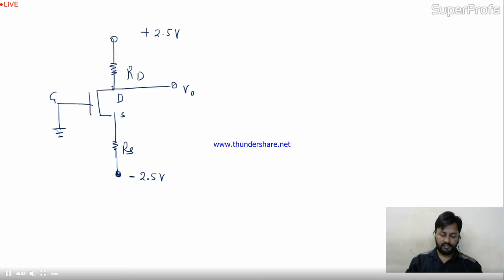Now the question is: design the circuit shown below so that the transistor operates at ID equal to 0.4 milliampere. VD is given as 0.5 volt, and the transistor has threshold voltage VT given as 0.7 volt.